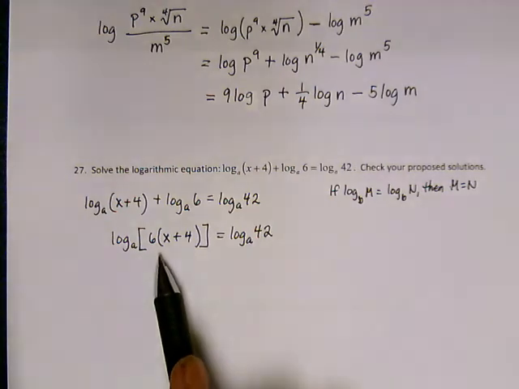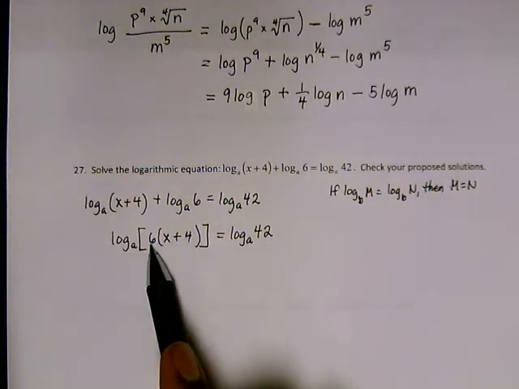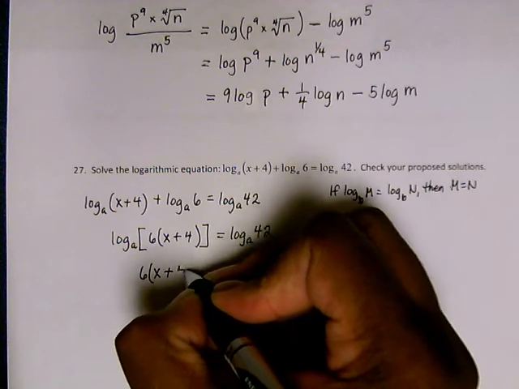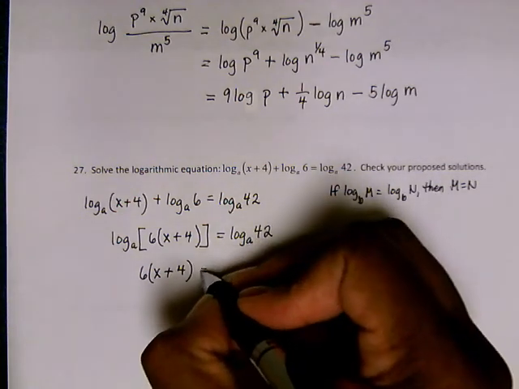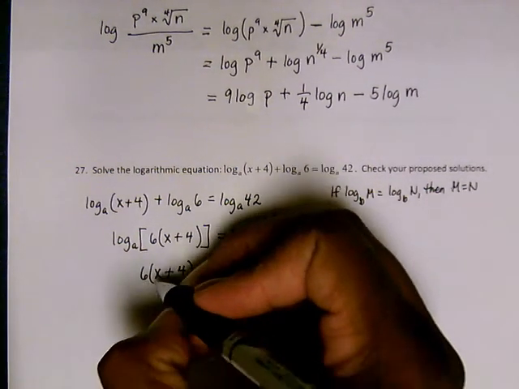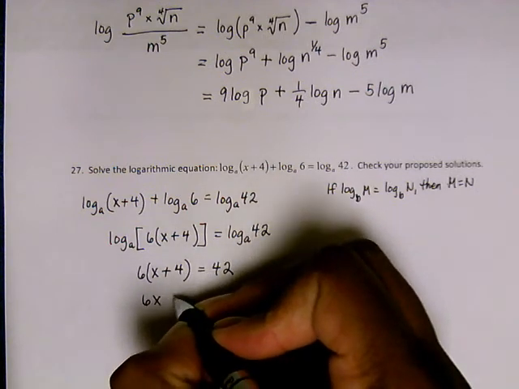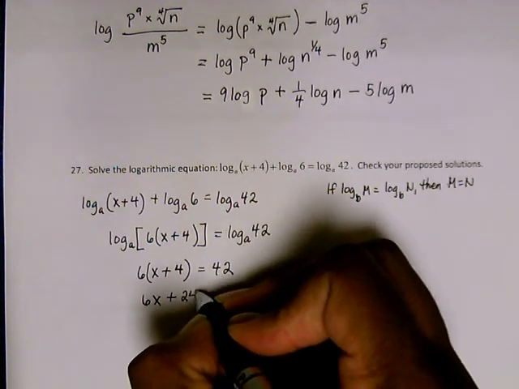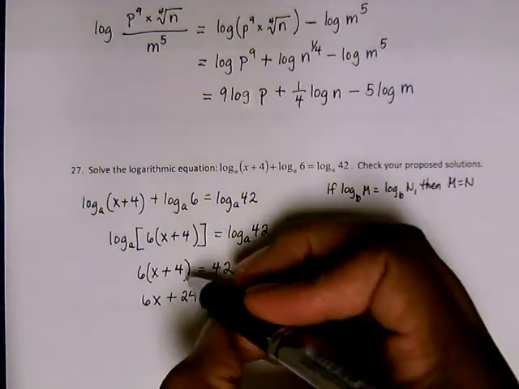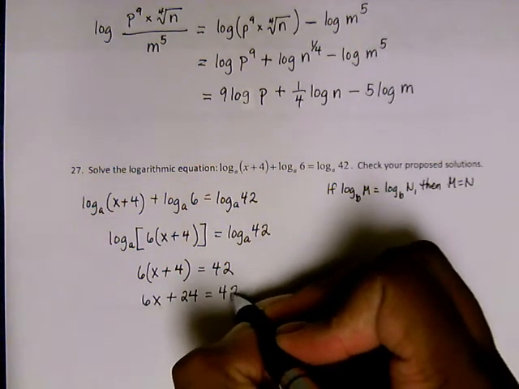So here, I'm going to set this 6 times (x plus 4) to be equal to this number, 42. So all I need to do here is go ahead and solve for x. Using the distributive property, this will be 6x plus 24. 6 times x, that's 6x, and then 6 times 4 will be plus 24, equal 42.